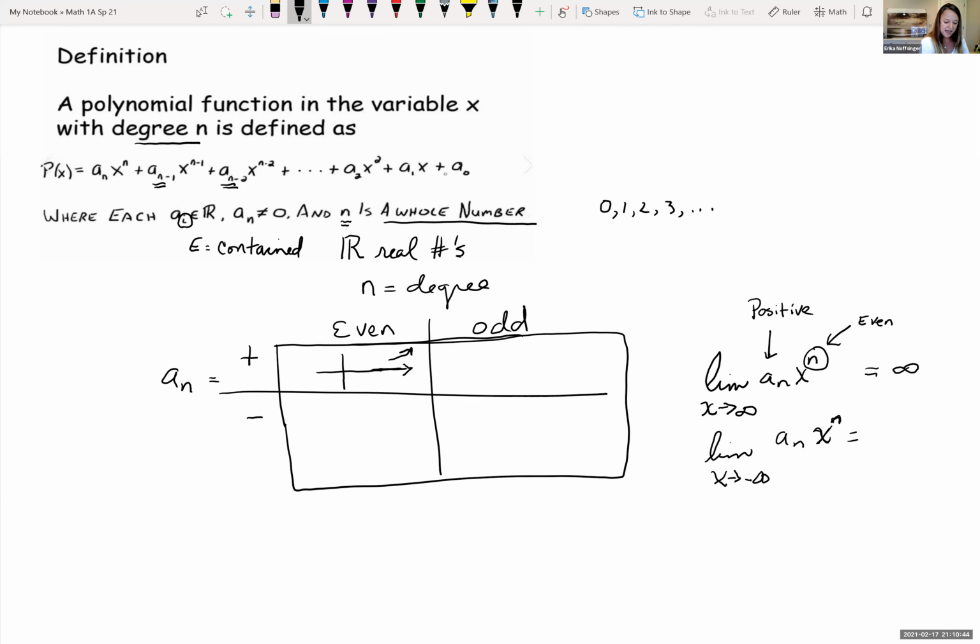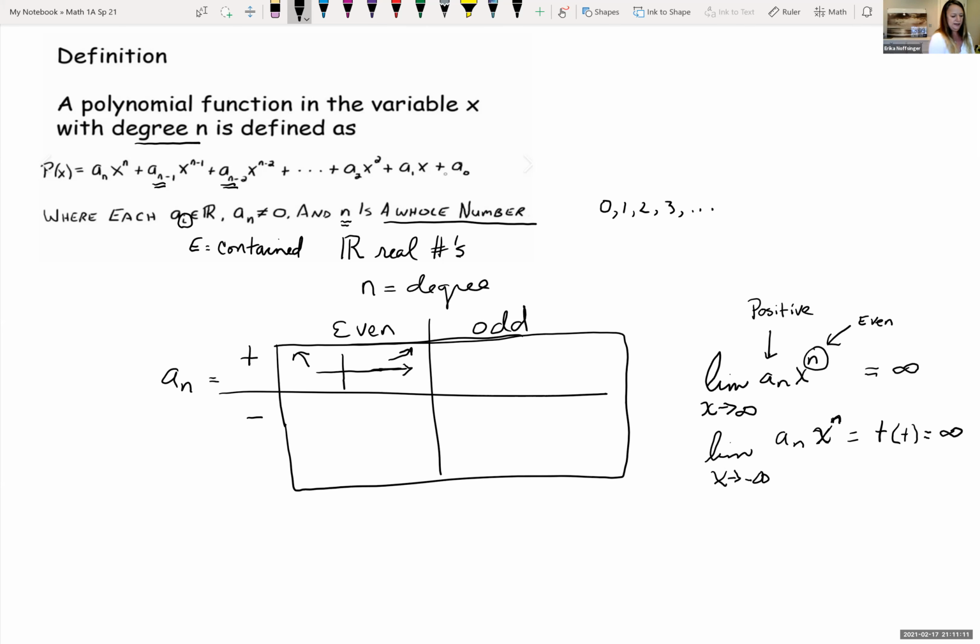So now I have this result: a sub n, I was told, was positive, times this negative number going to negative infinity, but that negative number raised to an even power is positive. And so positive times positive, I know that result is going to positive infinity. And so the end behavior shoots upwards here.